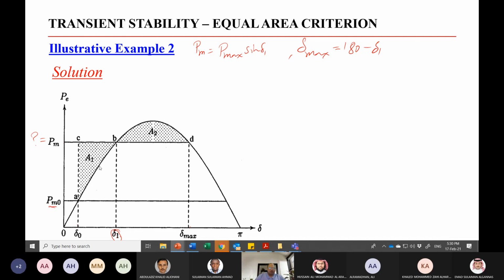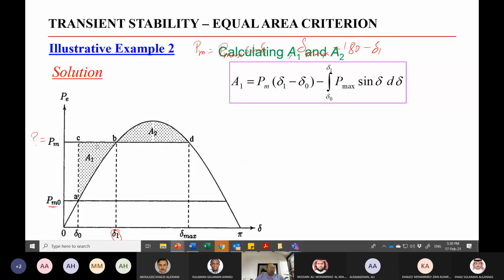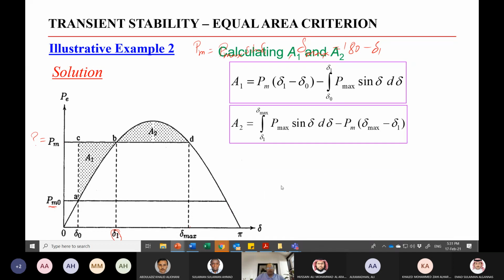So you can express A1 equal to Bm multiplied by delta 1 minus delta 0, these are expressed in radian, minus integration from delta 0 to delta 1 of the electrical power B max sine delta d delta.